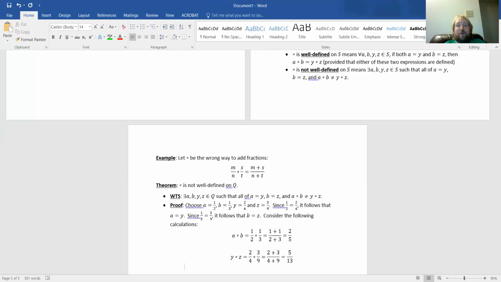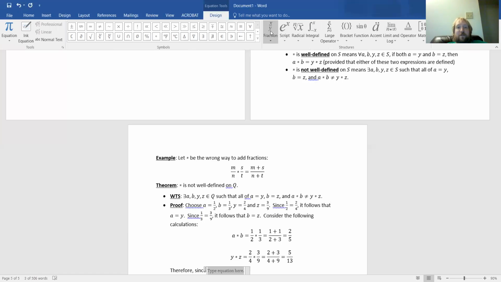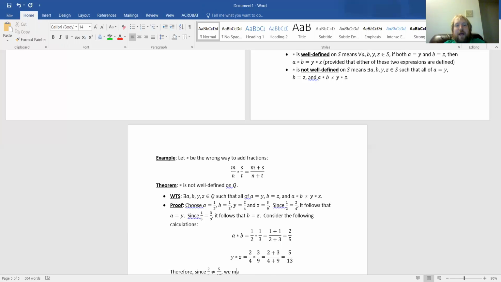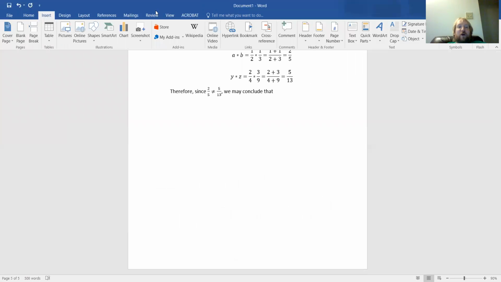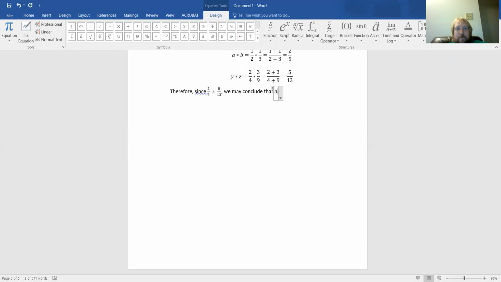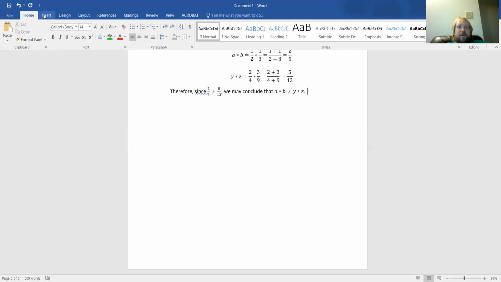And notice that 2/5 does not equal 5/13. So therefore, since 2/5 does not equal 5/13, we may conclude that A star B does not equal Y star Z. And that ends our proof.